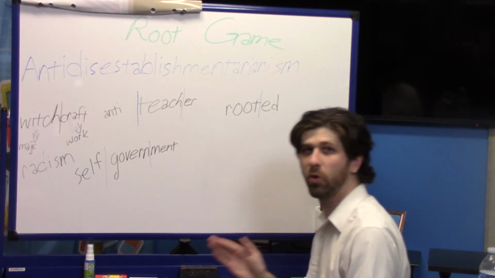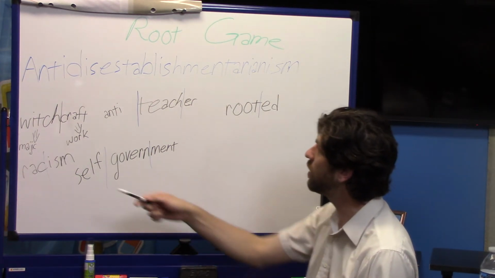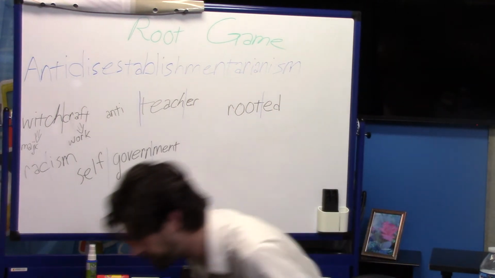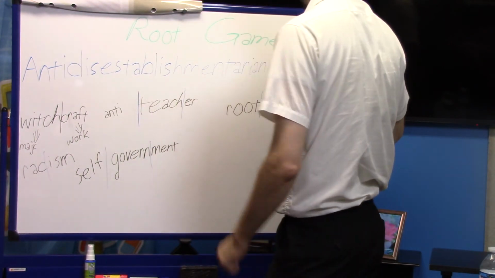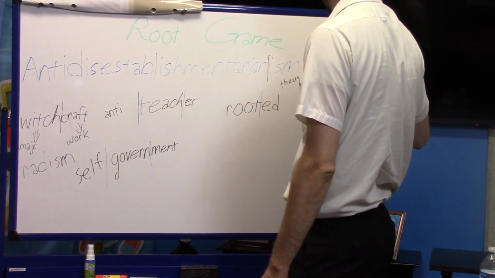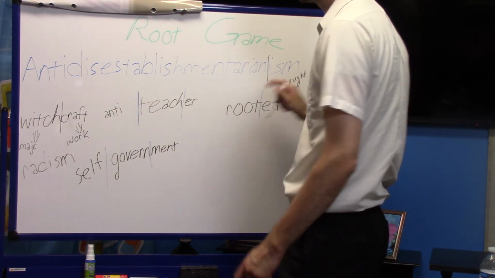Alright, we're running out of time here, so before I give you your challenge, we're going to do one of my favorite words, anti-disestablishmentarianism. Now, we already talked about isms. The thought of, you can also say practice.